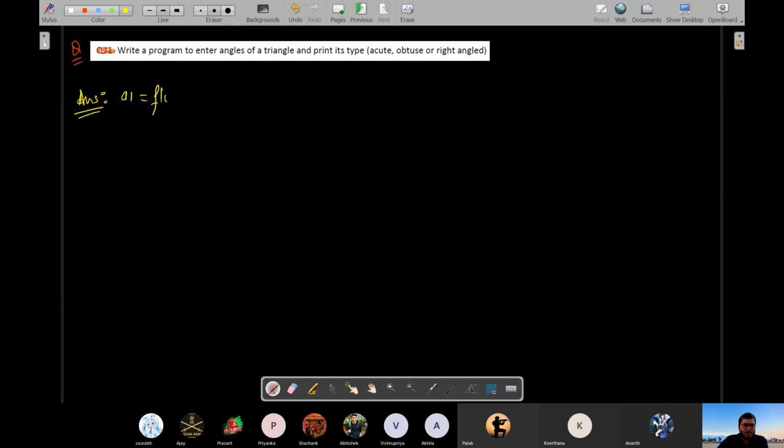So we'll write float, enter first angle. First angle of the triangle. आइडेंटिफायर क्या लिया है? A1, angle 1. Of the triangle. सर इनपुट नहीं लिया.